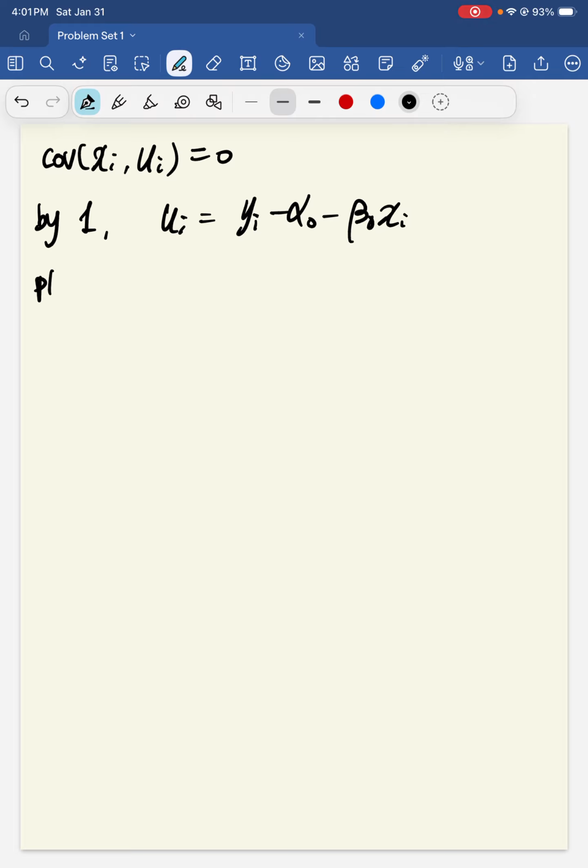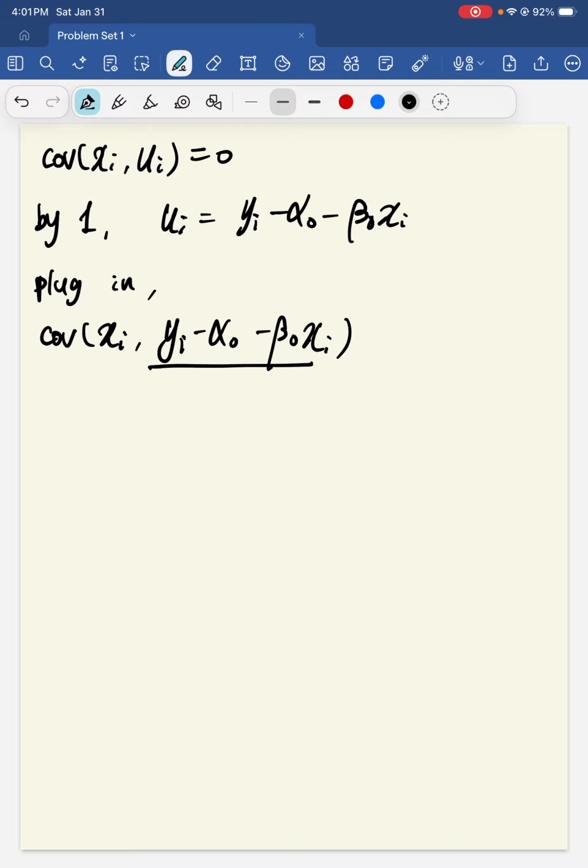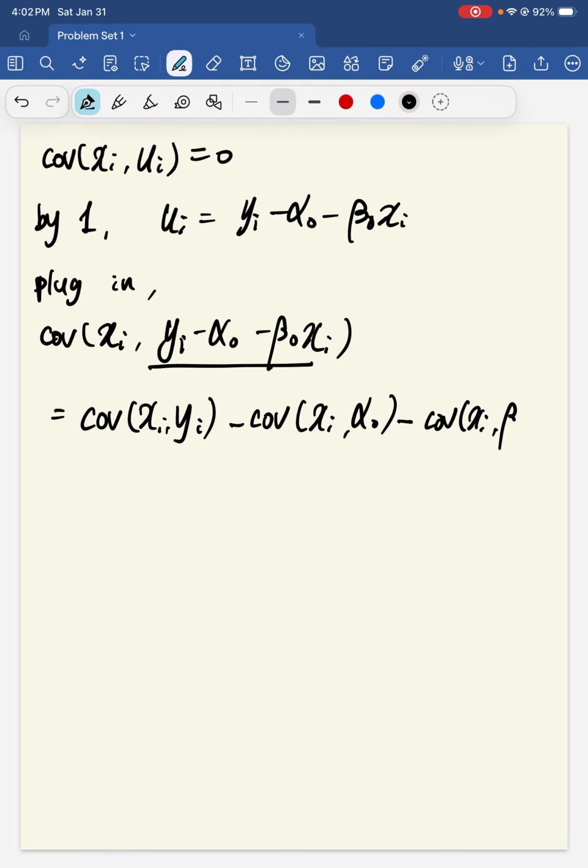Okay, plug this into the exogeneity condition, then you get covariance of x and yi minus alpha 0 minus beta 0 xi. So remember, covariance is linear in each argument. So you can rewrite this as covariance of x, y minus covariance of x, alpha 0 minus covariance of x, beta 0 xi, right?